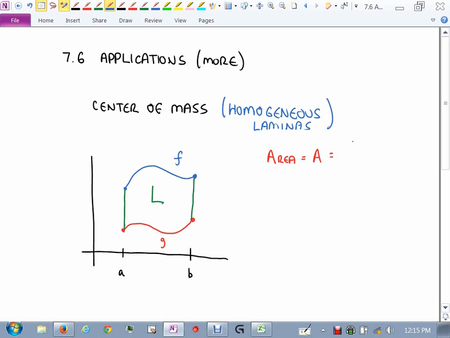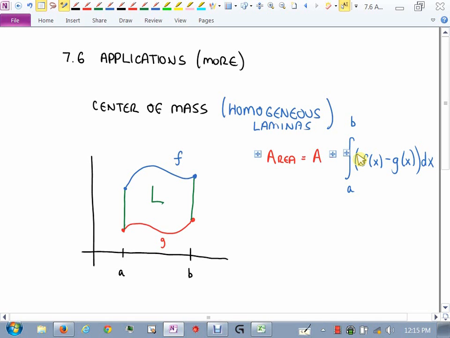It's the integral from a to b of f minus g. Right? That's the formula for the area. Does everyone agree? We should be able to do that before we came in here today, right? We've done areas between two curves.